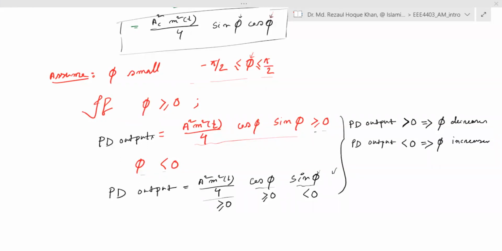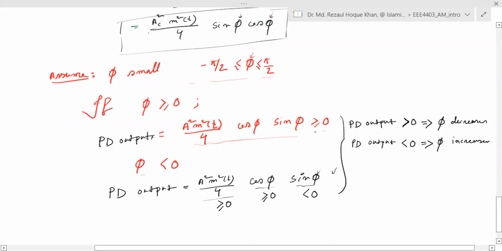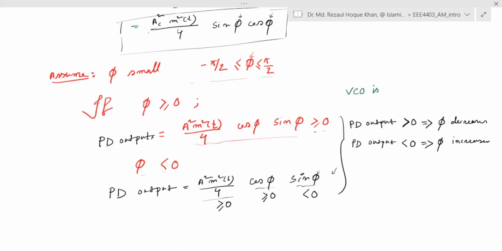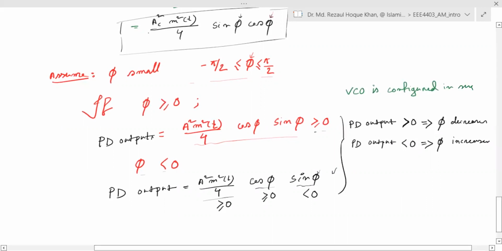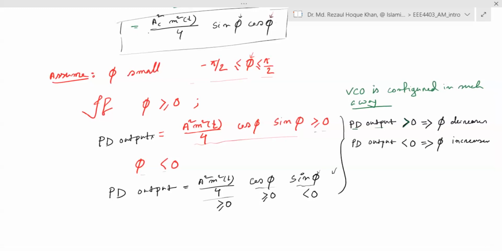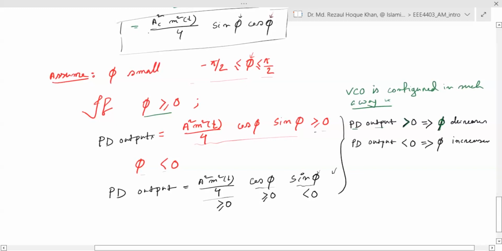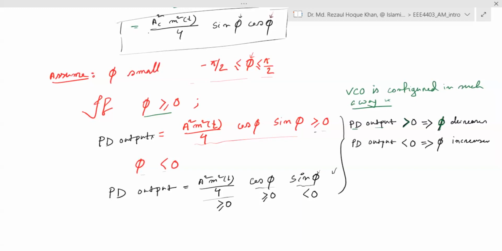So what we are trying to say here is that the voltage control oscillator, the VCO, is configured in such a way that if the phase discriminator output is greater than 0, then the VCO is designed to reduce or decrease the phi here.